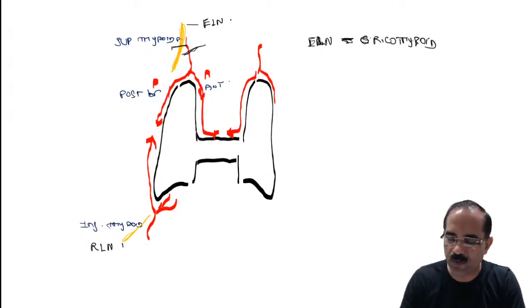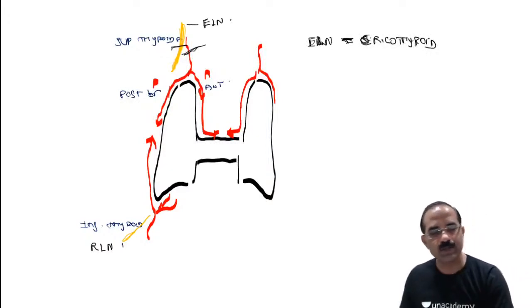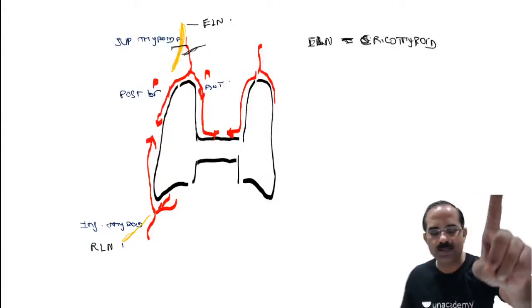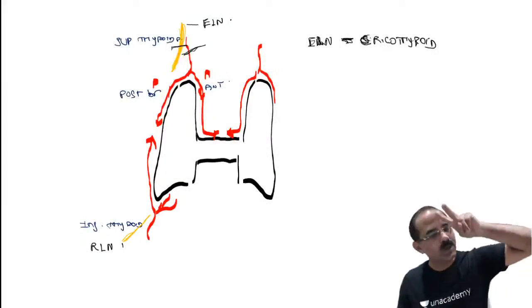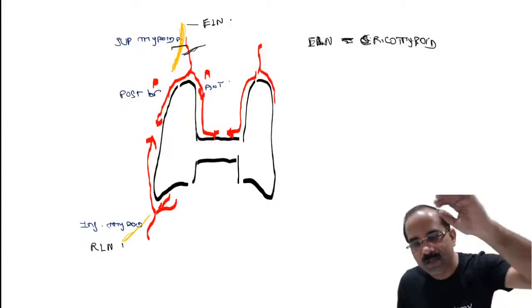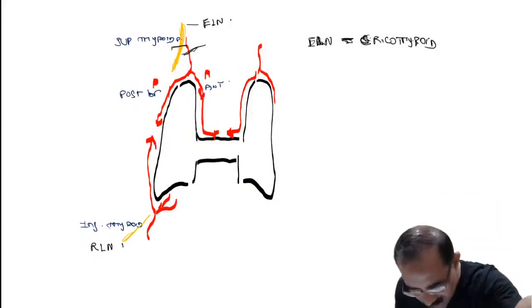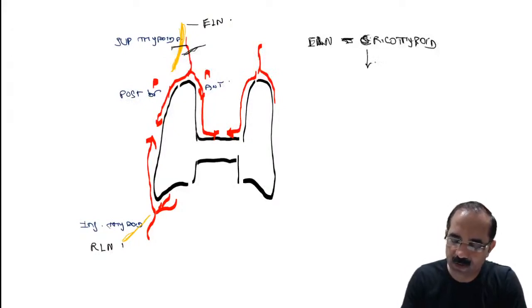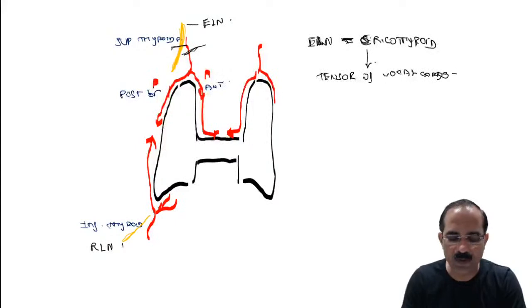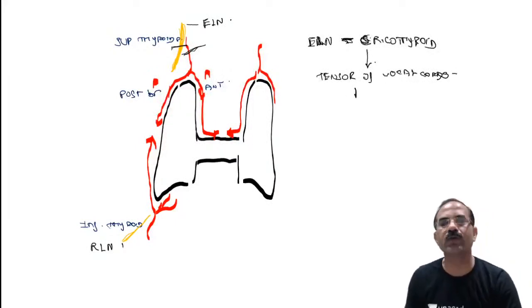Now this you have to know. You all know. The external laryngeal nerve supplies the cricothyroid, and this nerve accompanies the superior thyroid artery. So when I'm cutting the superior thyroid artery, the external laryngeal nerve can get damaged. What does it supply? Cricothyroid. And what is the action of cricothyroid? It's a tensor of the vocal cords. It's not adduction, it's a tensor of the vocal cords.